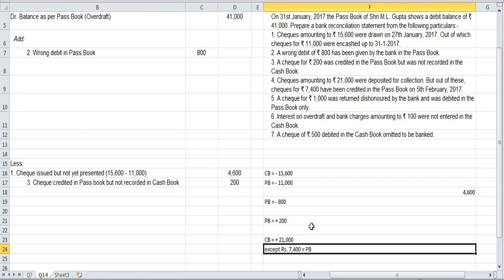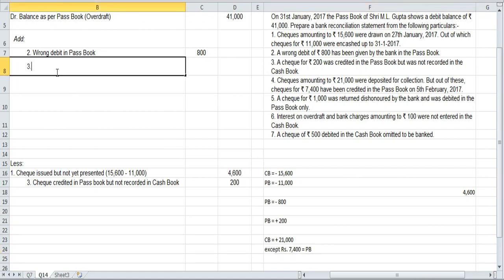You have deposited 21,000 in cash book, but the passbook has still not credited 7400. So it is less by 7400.